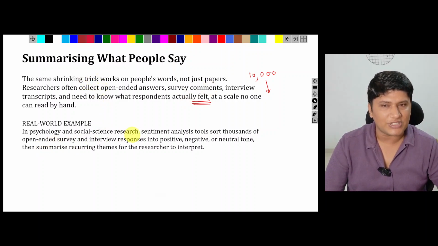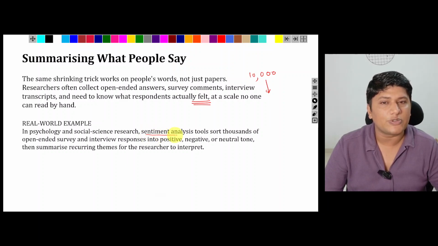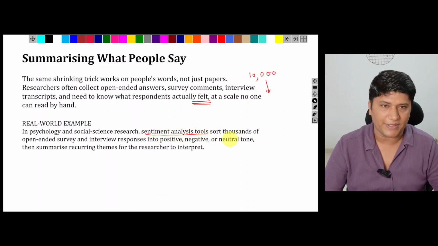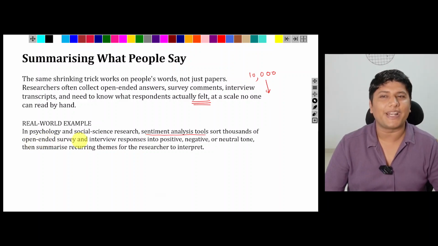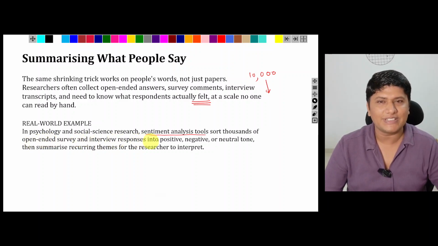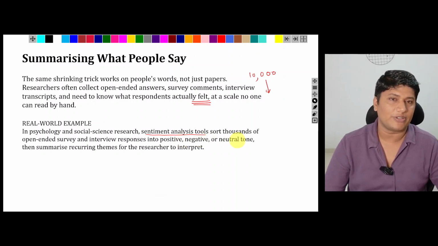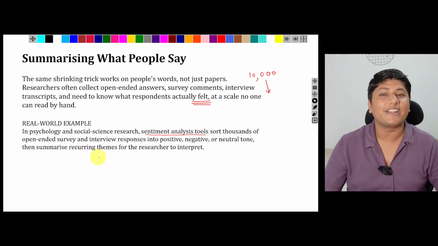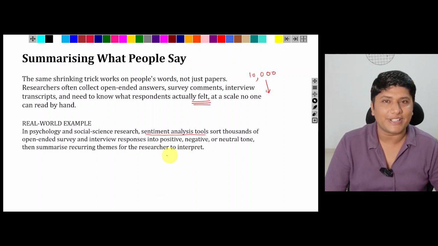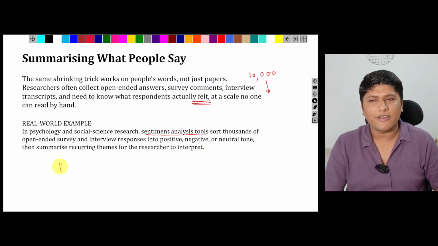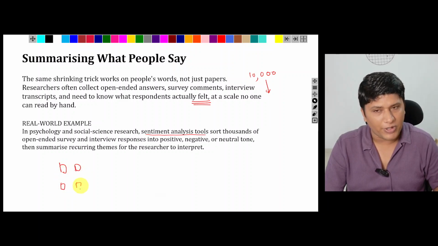So in psychology and social sciences, sentiment analysis tools are designed in this way. They sort thousands of open-ended surveys and interview responses into positive, negative, or neutral tone, and then summarize recurrent themes for the researcher to interpret. You have so many papers, so many answers from different people.